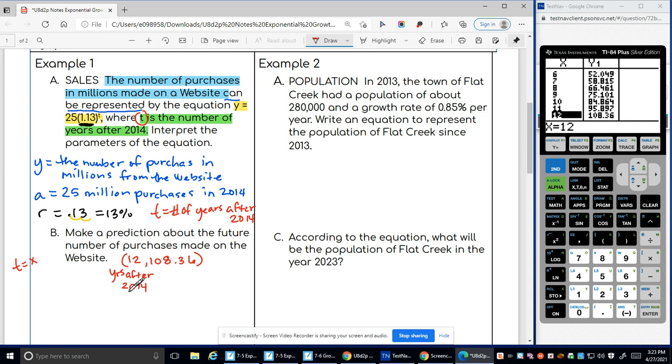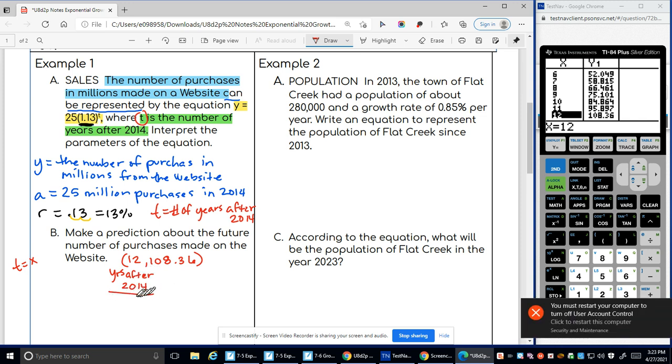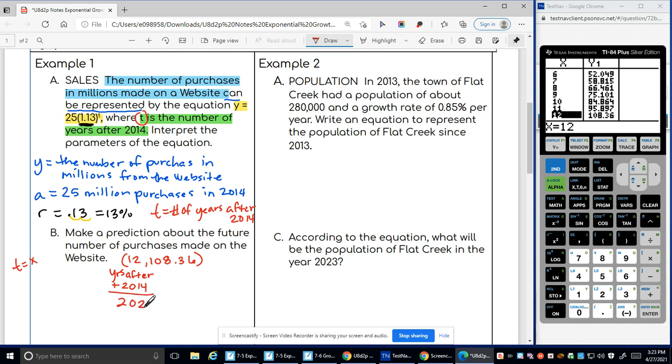And so that means if I do the math, we're adding 12 plus that, which is 2026. Yes? In 2026. So if they started the business, then I can say, look, by 2026, and then this right here, the Y value, that is the number of purchases in millions, right? Millions of purchases.